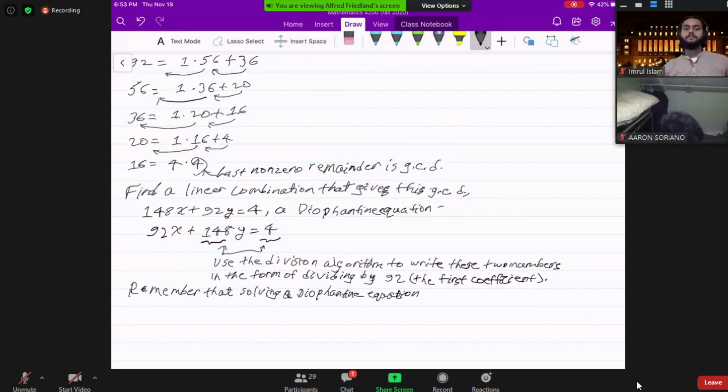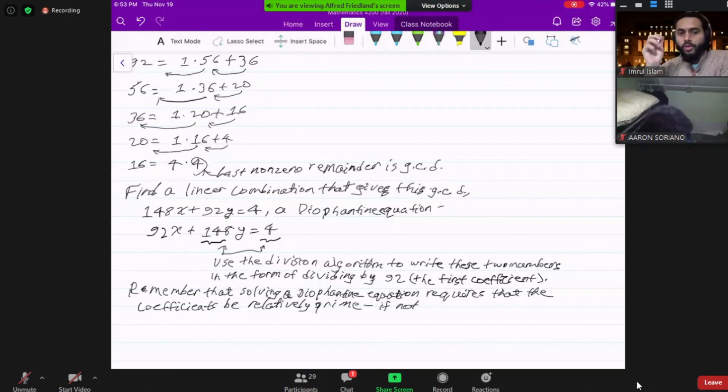So solving the Diophantine equation requires that the coefficients be relatively prime. How do you do that?